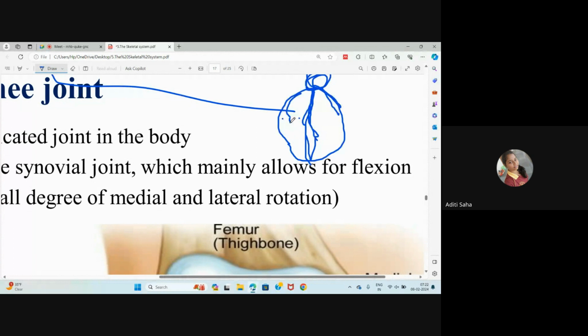In this hand, the thumb resides on this side and the little finger on this side. And in this hand, the thumb resides on the outer side and the little finger inside. So now please tell me, is the thumb medial to the body or is the little finger medial to the body?